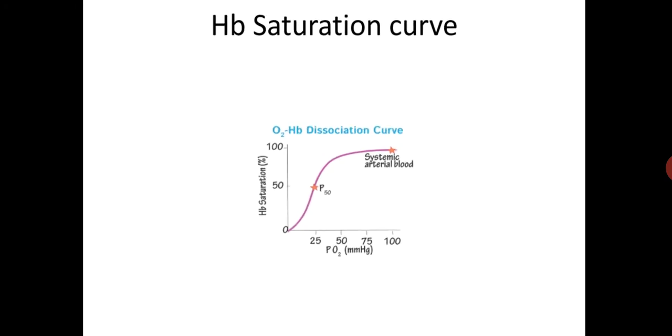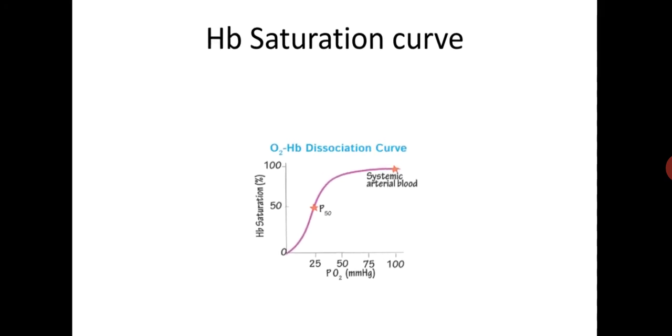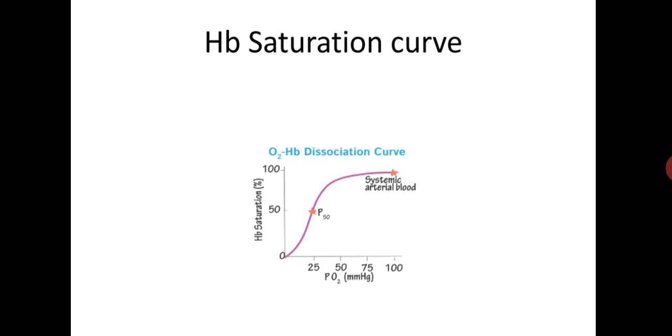Next, coming to the curve that is called the Hb saturation curve. So what I told, the major function of the hemoglobin is to combine with oxygen to form oxyhemoglobin. And the primary factor that determines how much oxygen is actually bound to hemoglobin is the partial pressure of oxygen.